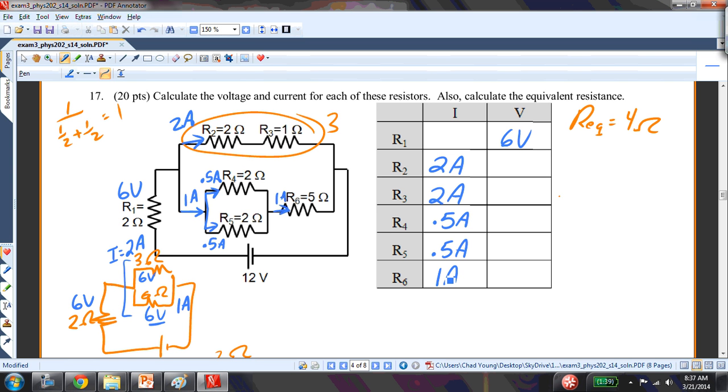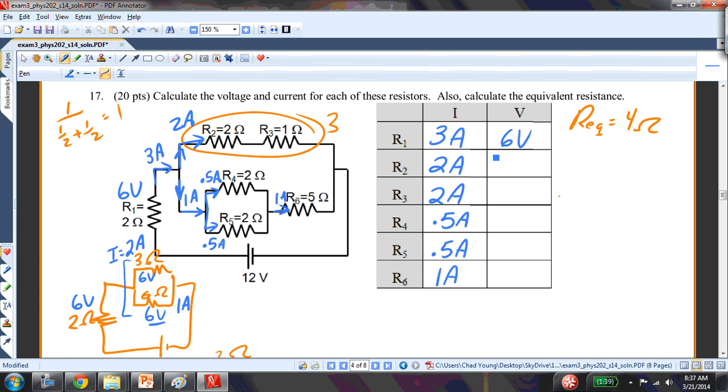All right, so now I can go back and figure out the missing values. So for R1, I is going to be 6 over 2, that's 3 amps. And notice here that I get 3 amps coming in, and it splits into 2 amps and 1 amp. So that's a good check, to check your answer. And now R2 was 2 ohms.